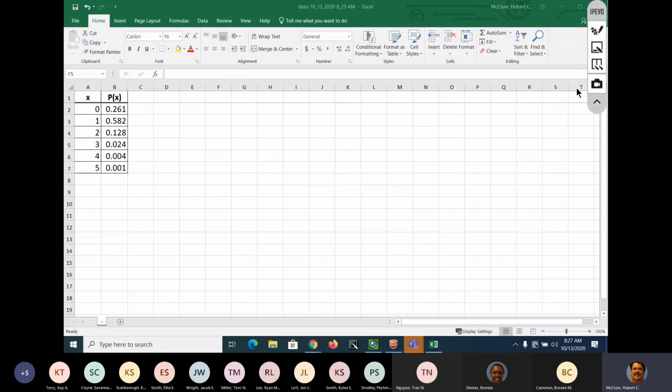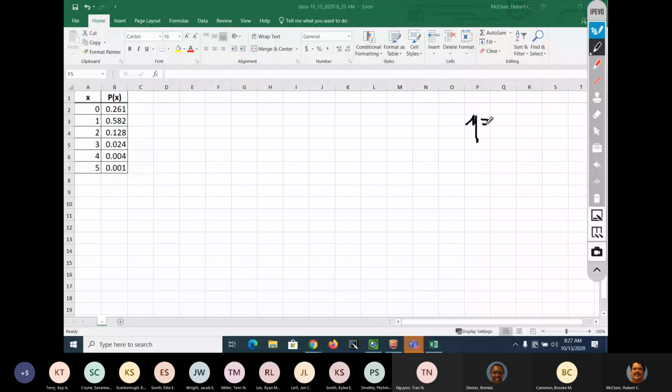Okay, so here is the, no, I don't want to update. Just give me the dadgum. I'm going to draw the, I'm going to try to. So my mean, I'm just going to put mu is equal to the sum of x times p of x, and I'm going to add that up.